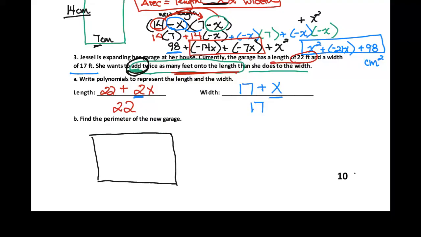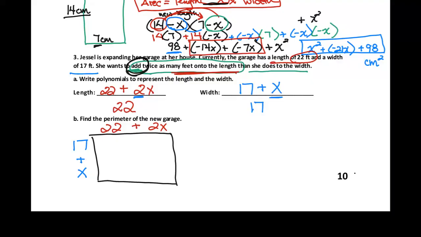It's going to be rectangular. The length is usually the longer side. So I'm going to say this is 22 plus 2x. The width is going to be 17 plus x. Now, usually we kind of have these switched around, but that's okay.